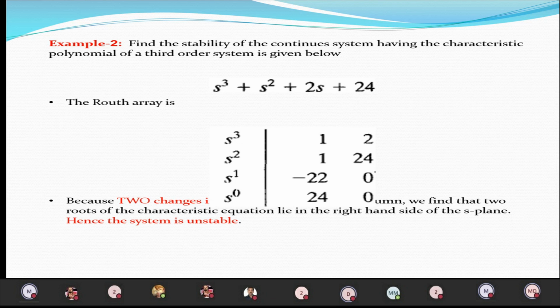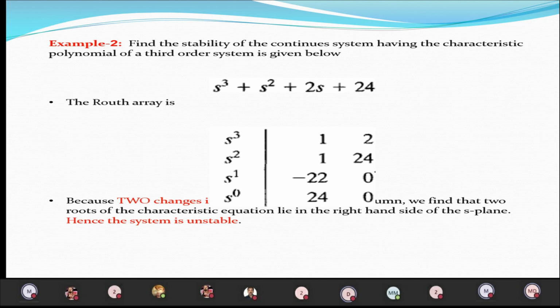Now if the k value is less than 8, then you will get all the elements in the first column of the Routh array as positive. If it is greater than 8, then the first column of the Routh array will have a negative element.